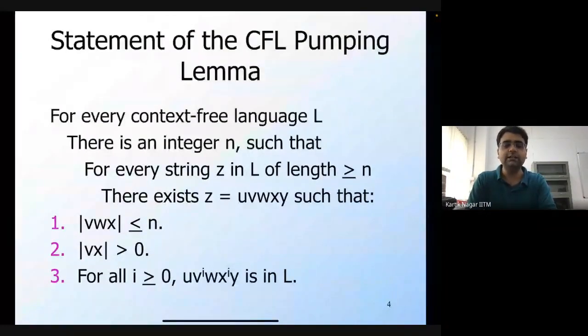The resulting string is still going to be in L, which means that from a large enough string in L, I can generate an infinite set of strings which would also be in L. That's the statement of the CFL pumping lemma.